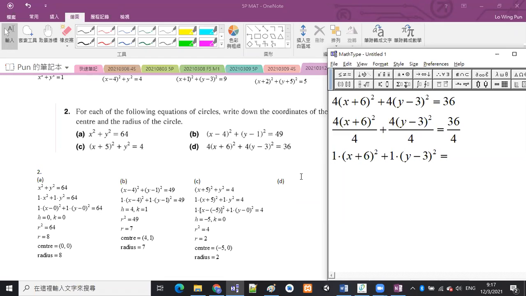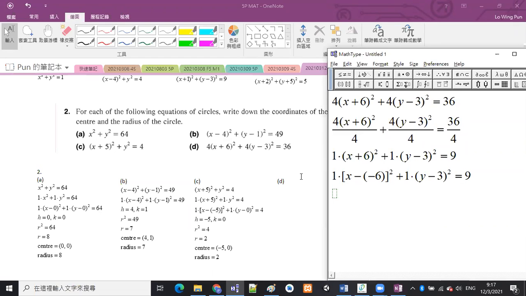The right hand side is a pure number, so it's just 9. Now, after making the 1 times, we need to check whether it is x minus number and y minus number. So it becomes x minus -6 squared plus 1 times y minus 3 squared is equal to 9.